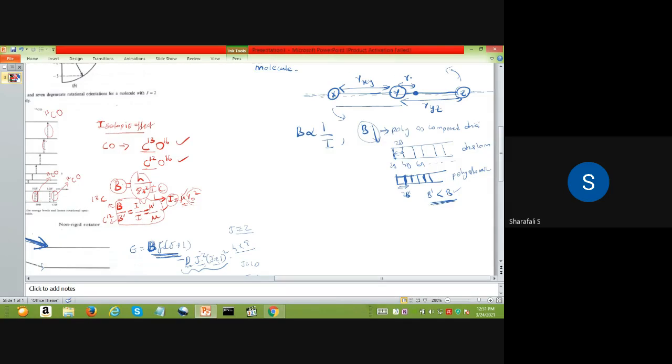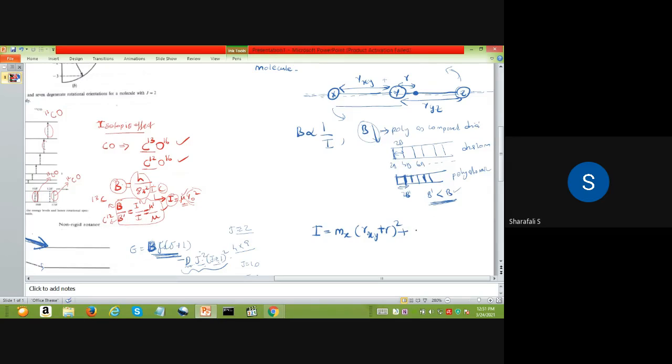Then the moment of inertia of this triatomic molecule, I, will be equal to mx, the mass of the first atom x, multiplied with (rxy plus r) square, because the total distance up to the center of gravity is rxy plus r. That is the perpendicular distance from the center of mass to atom x.